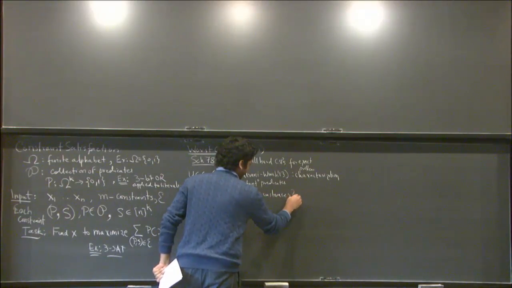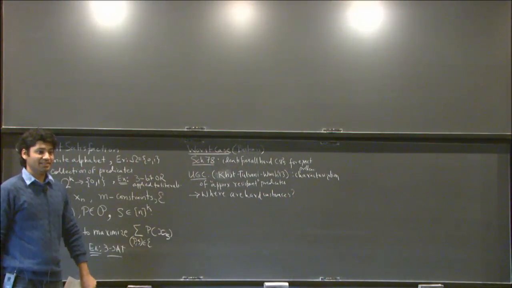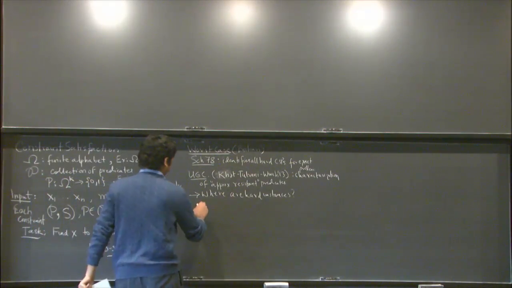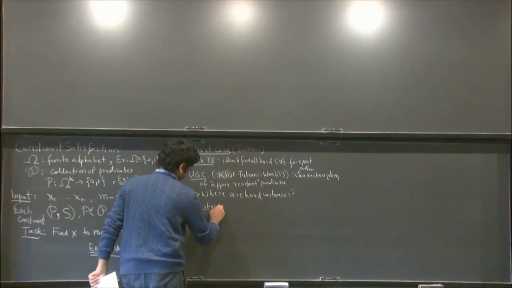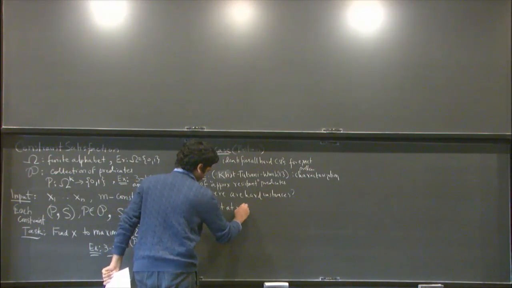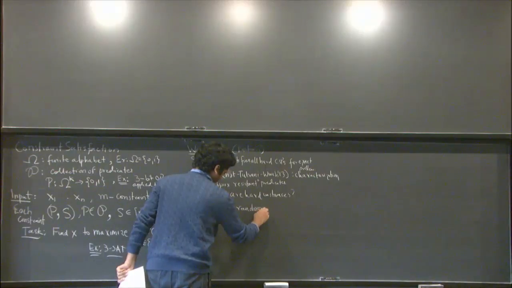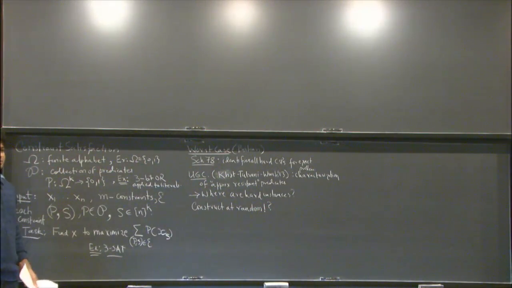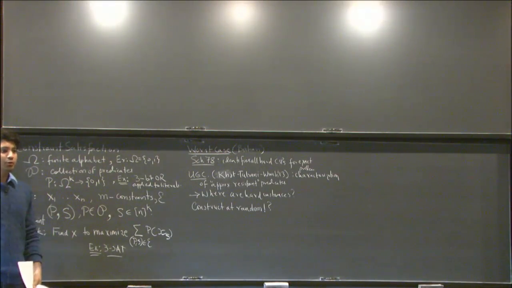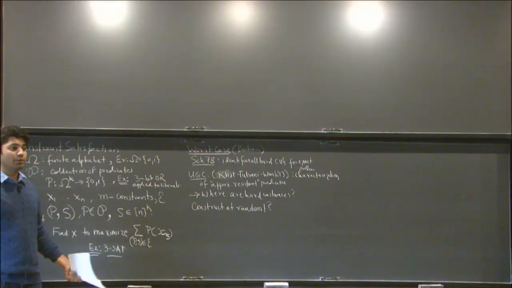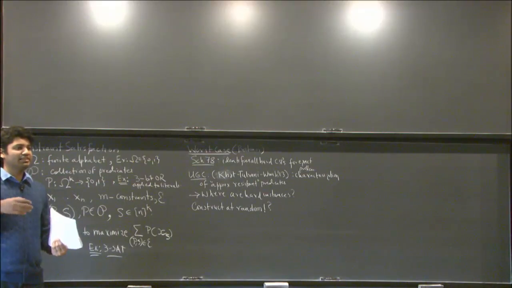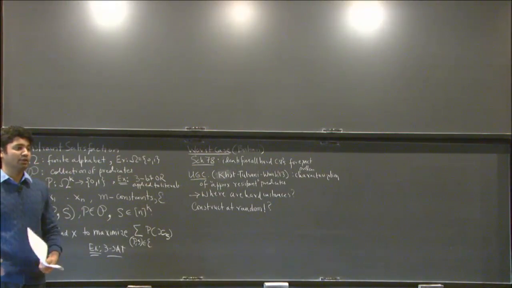One very nice way of generating hard instances, if it works, is just to construct an instance at random. If we can show that such an instance is hard, then it's great, because it gives us a very explicit handle on what a hard instance looks like, and we can also run simple reductions on it to produce hard instances for other problems.